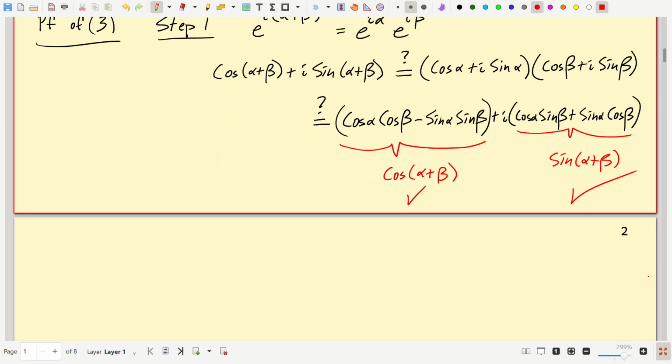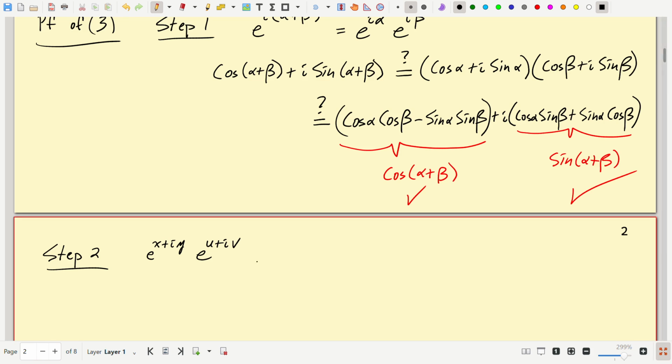Okay, now I can do step 2 of the demonstration of number 3. Let's say I'd have e to the x plus iy times e to the u plus iv. Of course, that's e to the x times e to the iy times e to the u times e to the iv.